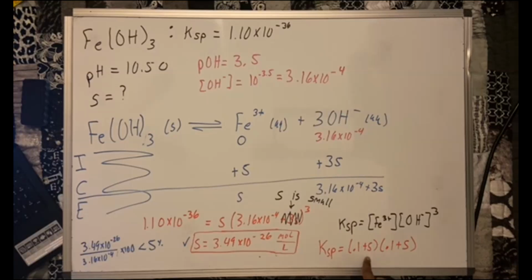You would get rid of all your s's. I'm just trying to say we got fortunate that one of our s's was just by itself. So if you ever have a case like this, you have to solve that with your quadratic. Don't do your s's small.